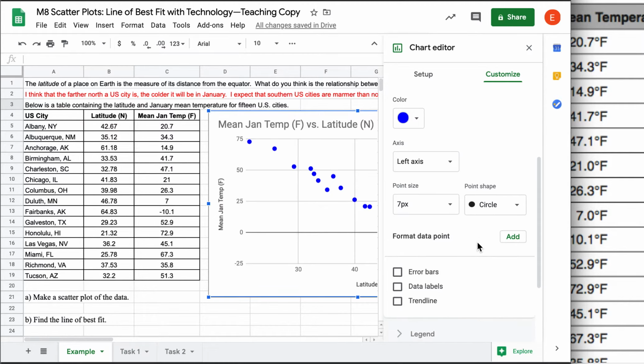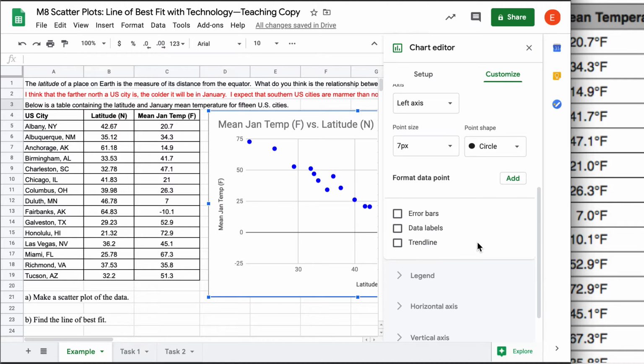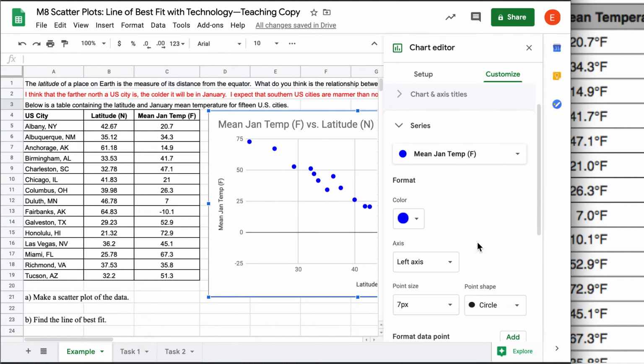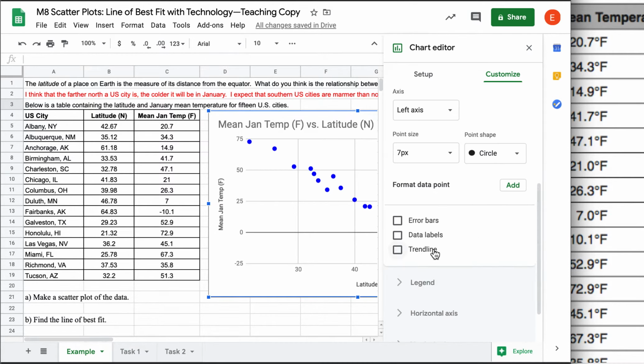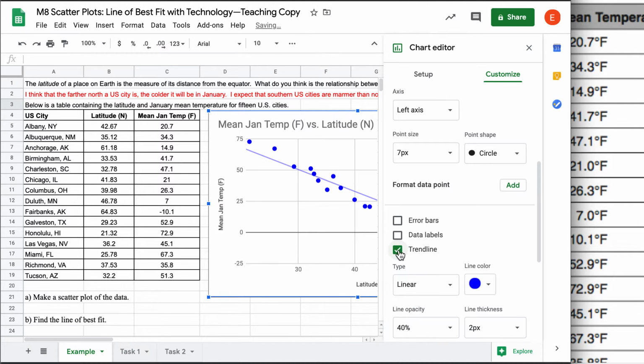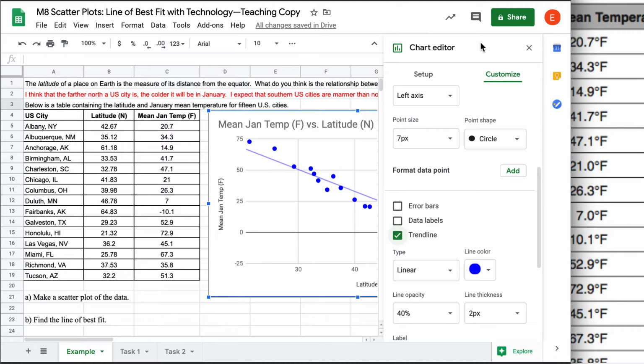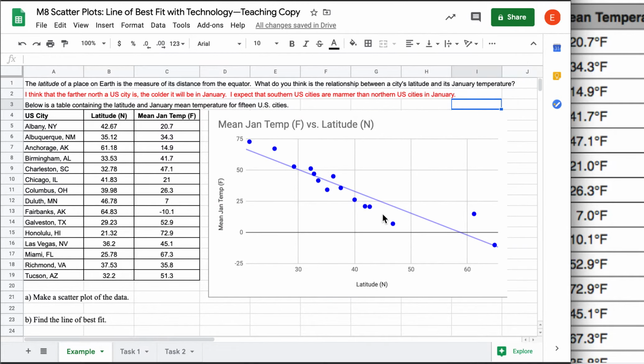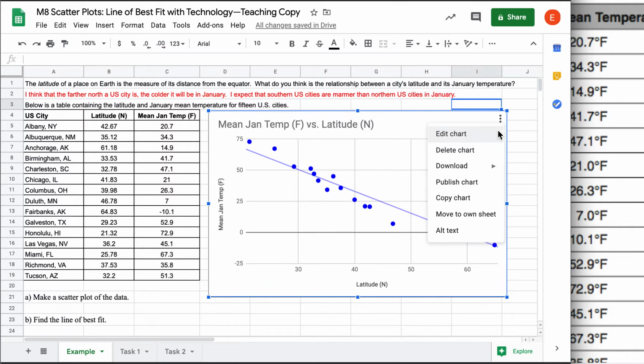Alright, let's see. If you scroll down here under series, we're going to make a trend line show up. This is your line of best fit. And the computer calculates it very quickly and it plots it. Now we don't just want to be able to see it, because if that's all you do, well, now you see the trend line, but we want to know the equation of that trend line.